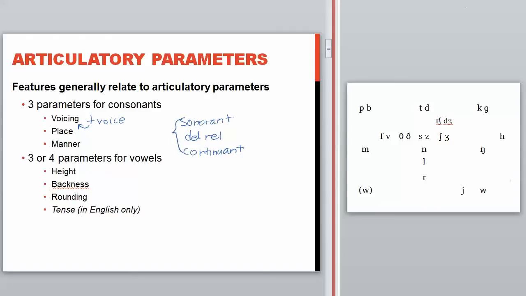These three features all relate to manner. Alright? So there are generally three parameters for consonants and three parameters for vowels, four if you include tense for English, and each of these parameters has features associated.